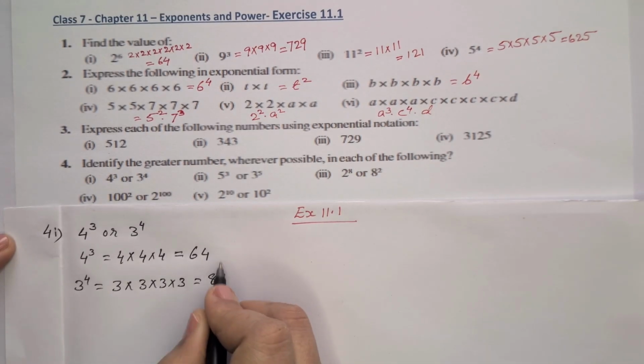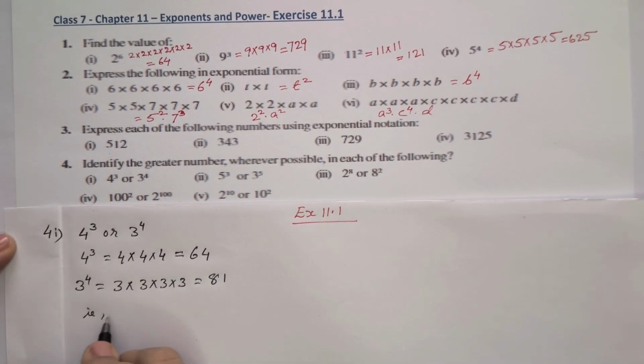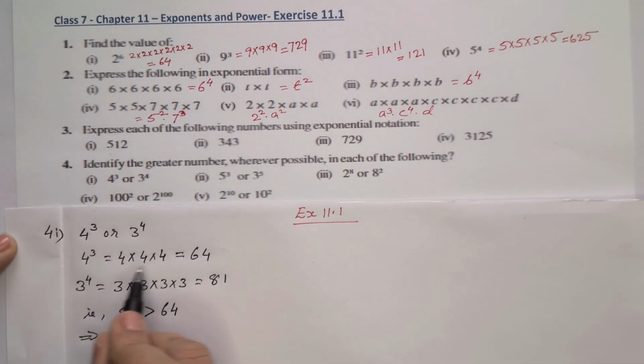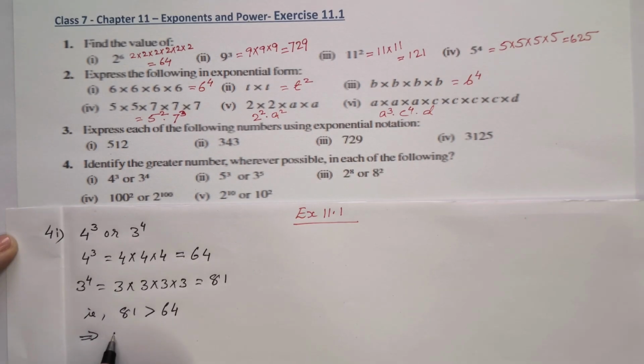When we compare, we can see 81 is greater than 64. That means 3 raised to 4 is greater than 4 cube.